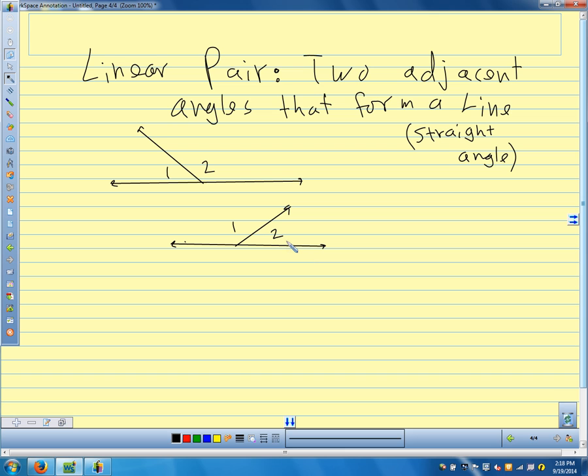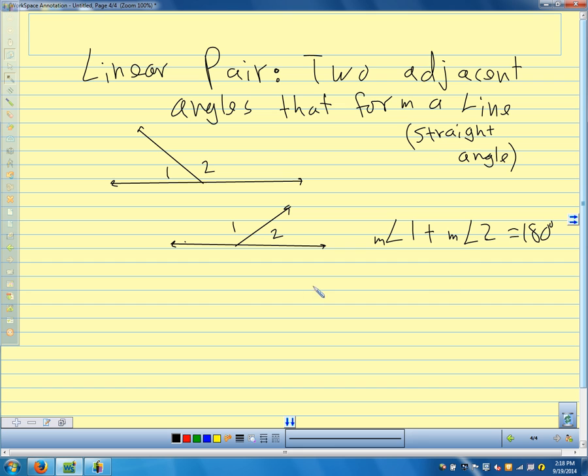Angle 1 and 2, when we put them together, make a straight line. So what do we know about those two angles when we add them together? They equal 180. So what do we call those two angles that add up to 180? Supplementary.